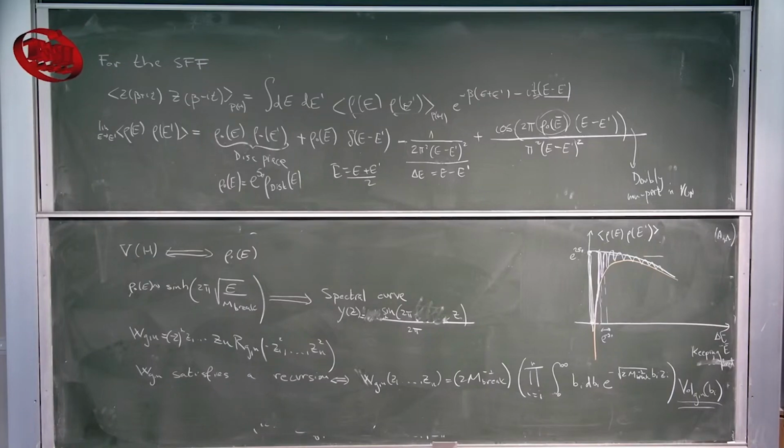Is that an artifact of what you're doing? I thought you would get just one. Why is the prefactor e to the s essentially?